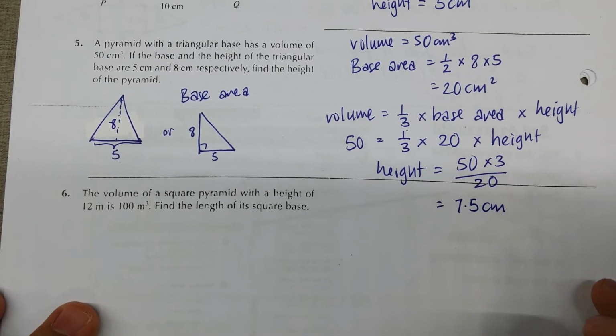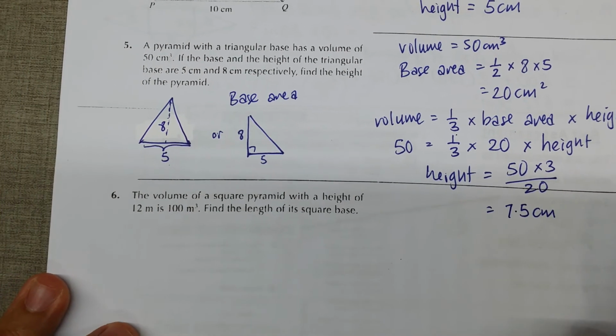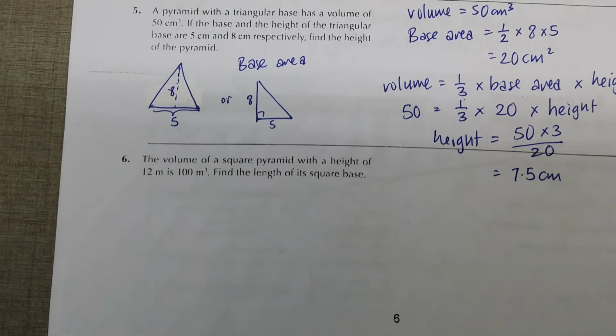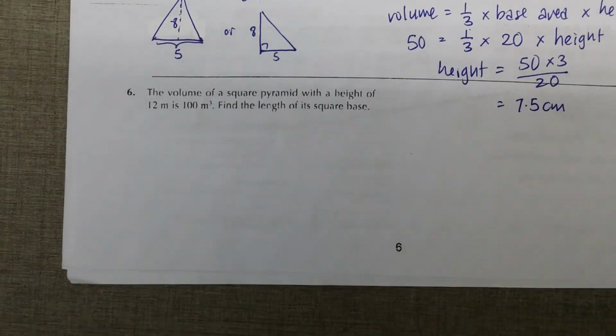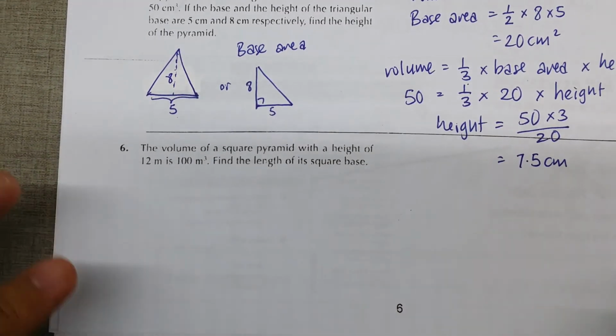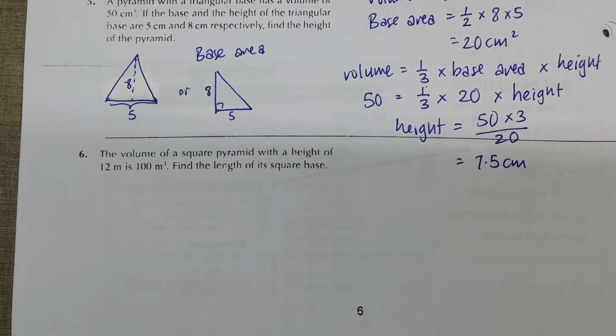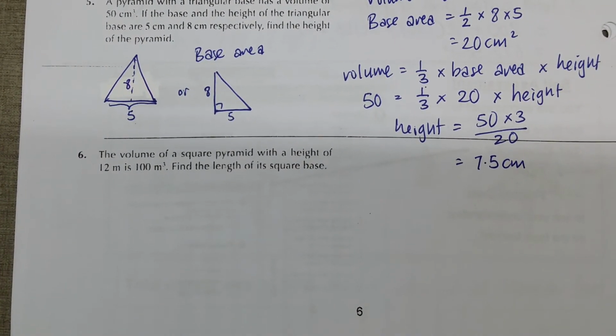Next, the last question of this homework. Let's read the question together. The volume of a square pyramid with a height of 12 meters is 100 meters cubed. Find the length of its square base.